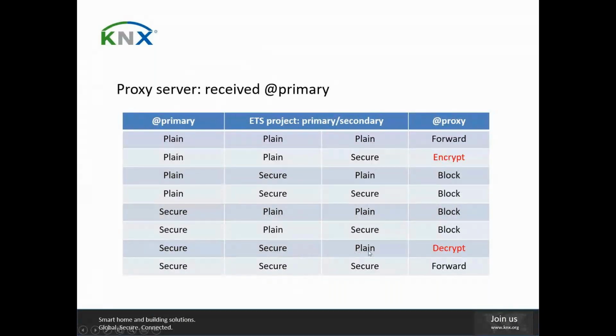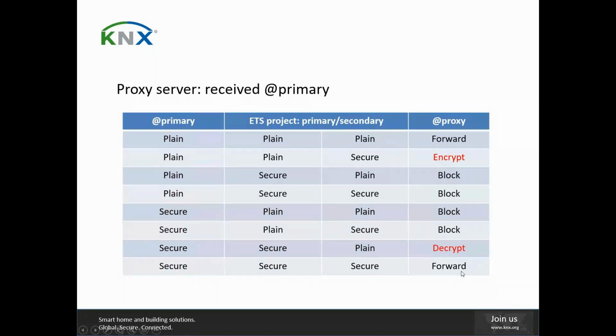Then the proxy server just has to find out, okay, what is then the expected result on the secondary side? If the expectation for that group address seems to be plain, well then the secure telegram needs to be decrypted before it's forwarded. If the expectation is that it remains secure, well then in that case the proxy server only has to forward that telegram.